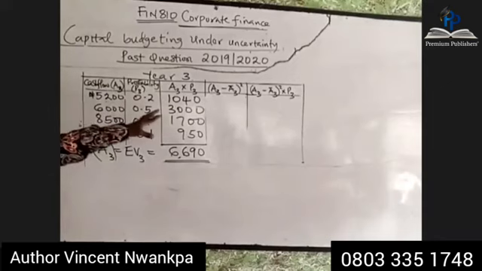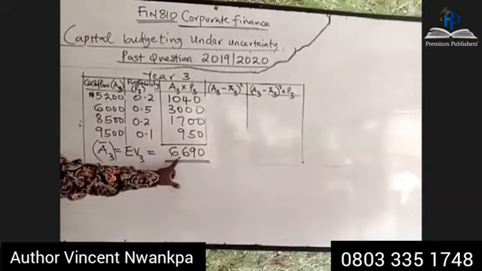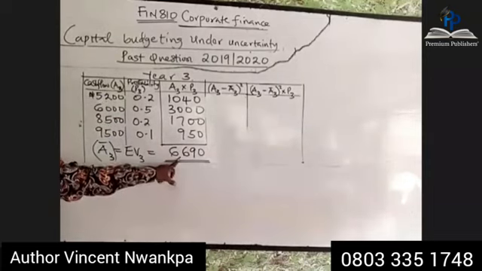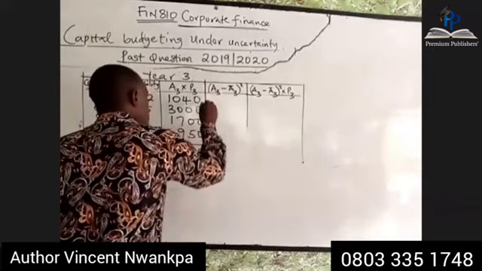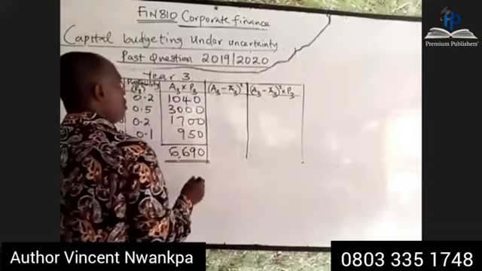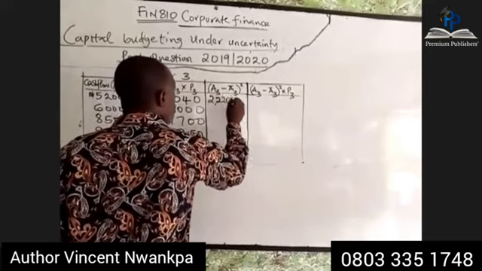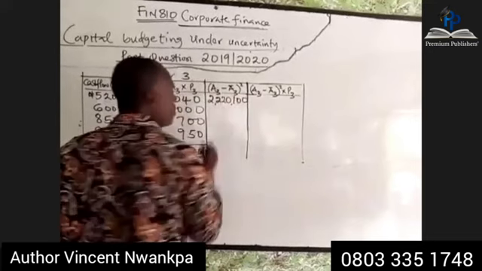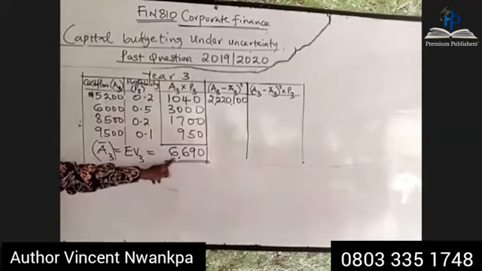We're going to find the deviation. 5,200 minus 6,690, raised to power 2, gives 2,220,100. Is it okay? Next, 6,000 minus 6,690.